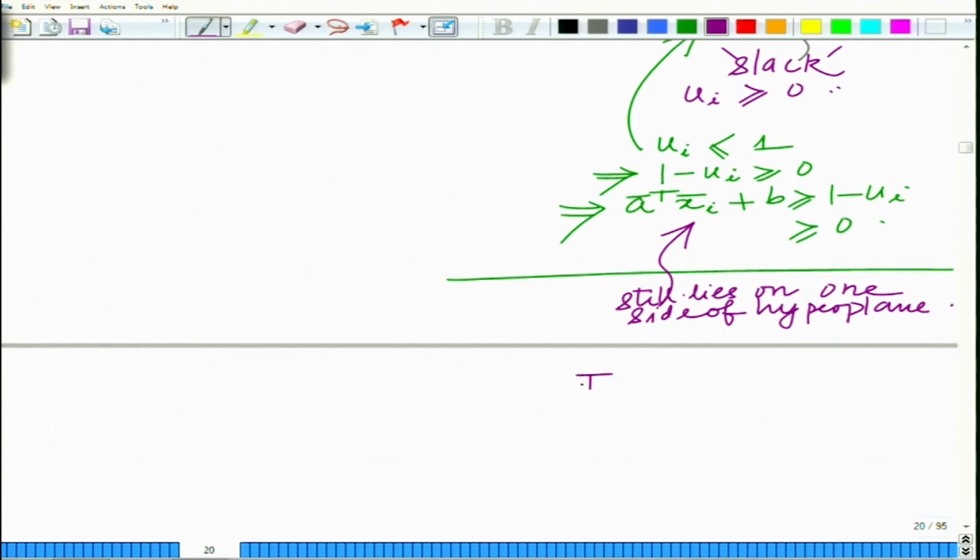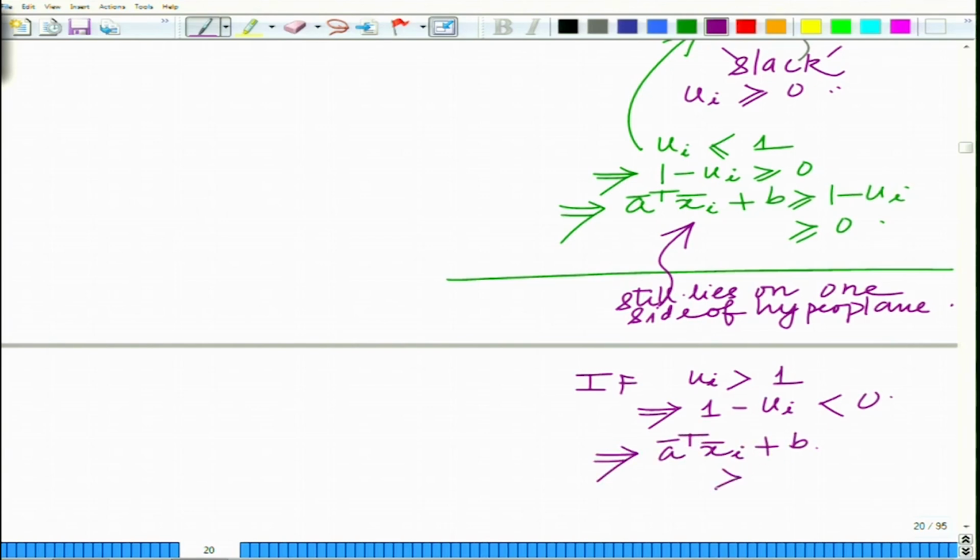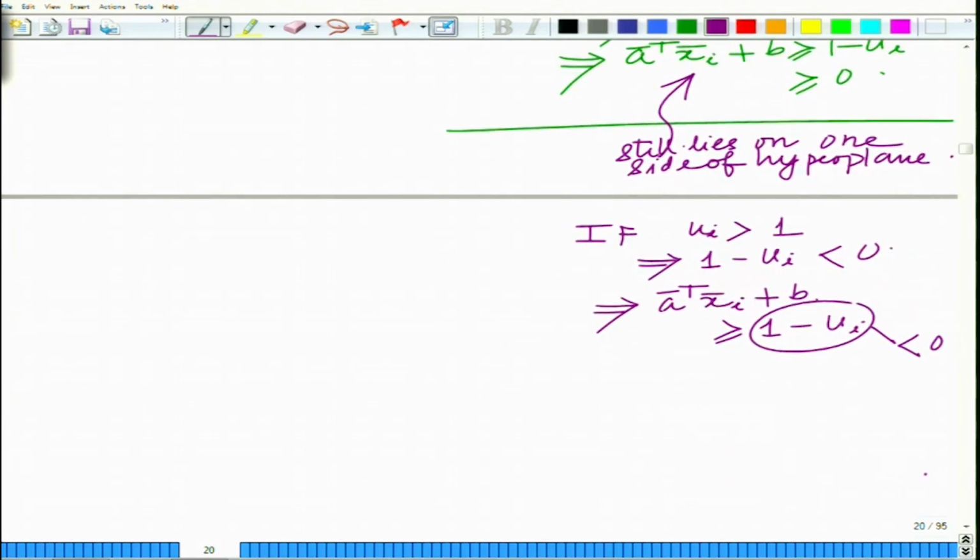However, if u I is greater than 1, this implies 1 minus u I is less than 0, and this implies A bar transpose x bar I plus b, which is greater than or equal to 1 minus u I, but this quantity 1 minus u I is less than 0, which implies that A bar transpose x bar I plus b is less than 0, which implies that this point can be misclassified.